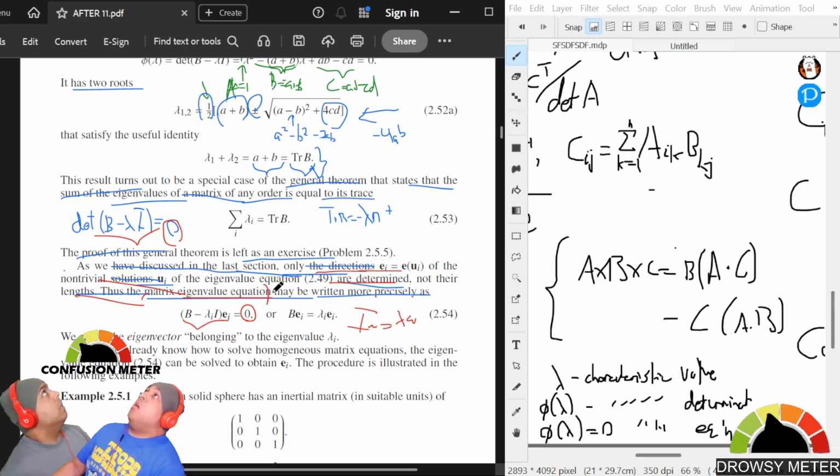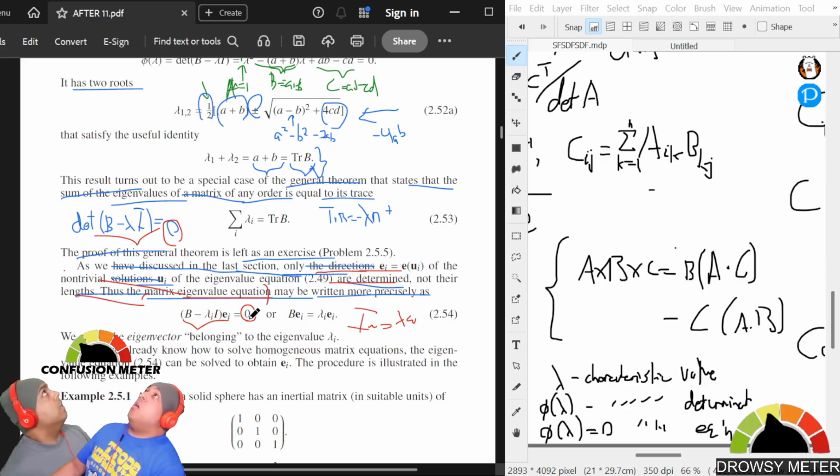Thus, the matrix eigenvalue equation may be written as (B minus lambda I) e_i equals 0. B minus 1 e_i.